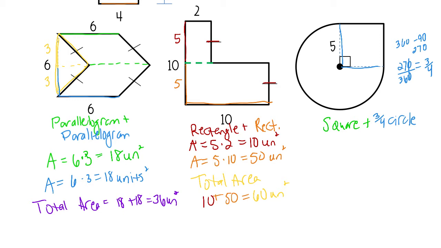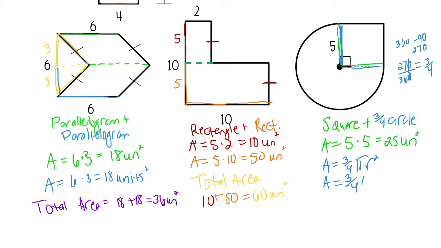So area of this square, the length of each side is 5. So our area is 5 times 5. That is 25 units squared. The area of a circle is pi r squared. But if we want 3/4 of a circle, the area is 3/4 times pi r squared. Well, it just so happens that this 5, the side of our square, is also the radius of our circle.